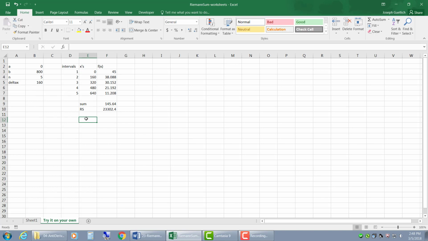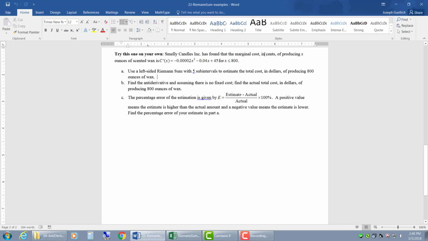And is that the answer? Are you going to write down $23,302.40? Or are you going to make sure and look at the units? So our original function is given in cents, and our question is asked for in dollars.